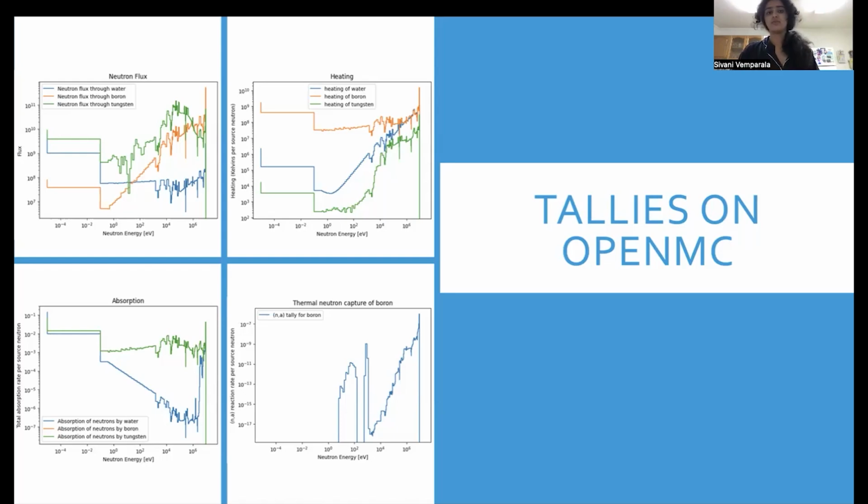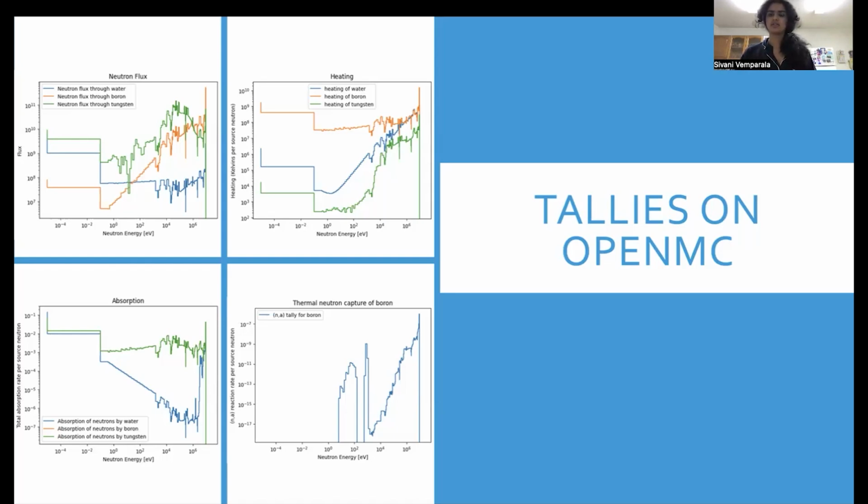Now, the heating graph over here poses a problem, which I'll be discussing at the end of this presentation. So if you can notice, whatever heating the materials are starting with, at the end of the day, at incident energies of more than 10 mega electron volts, they're skyrocketing to infinity. So before I discuss the problems with that, let's see the absorption graph. Now, there's no sign of boron on this graph.